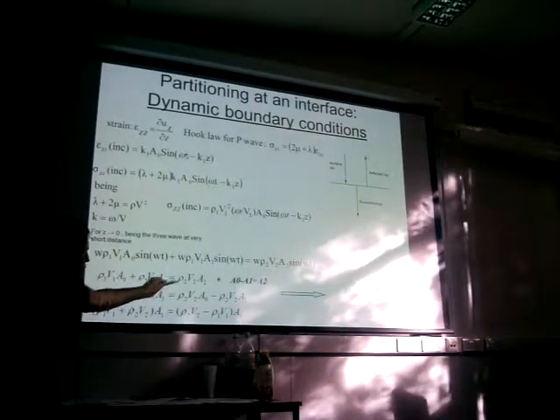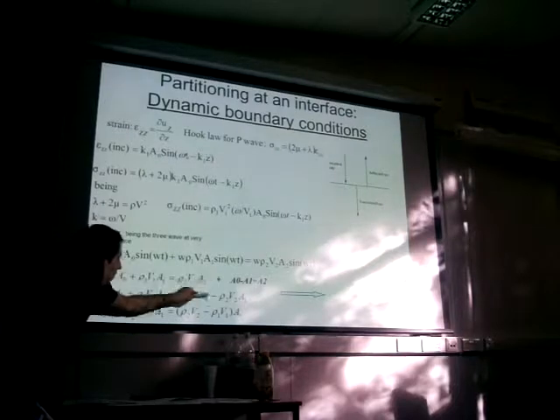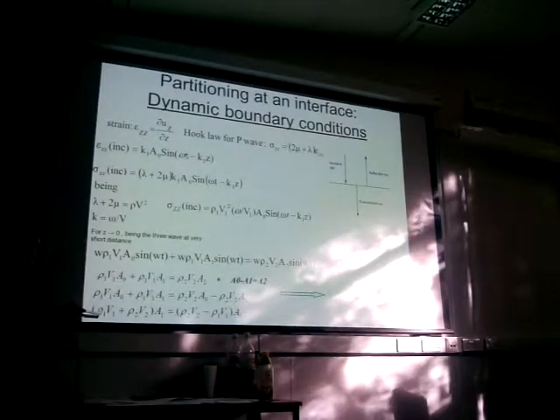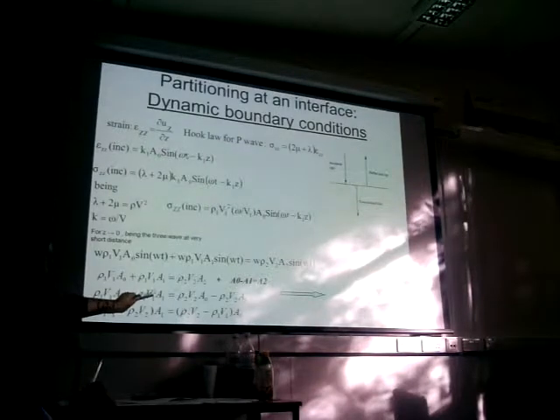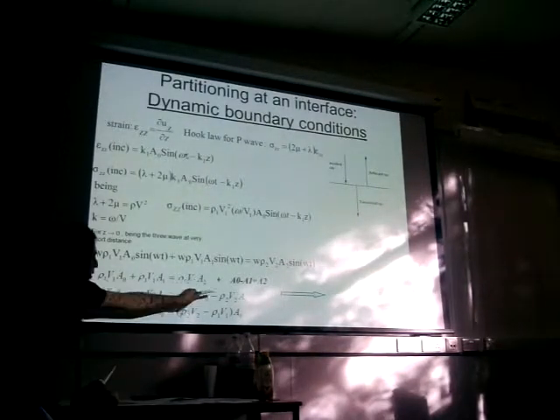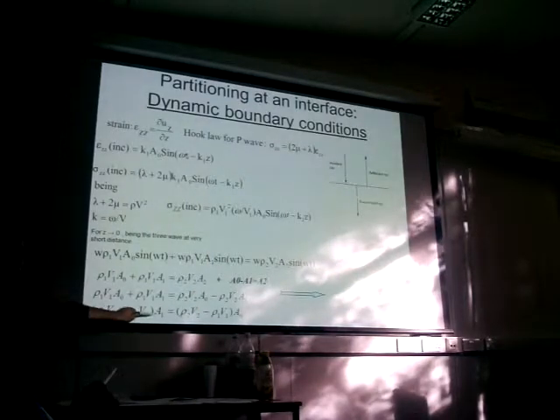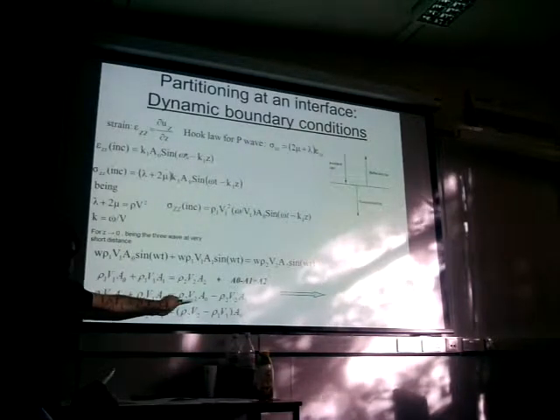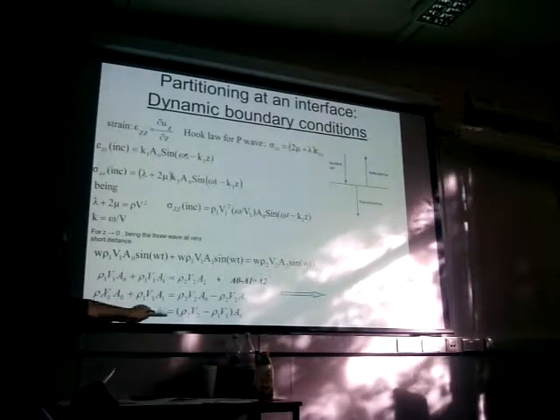And you get rho 2 v2 A0 minus rho 2 v2 A1. Now you put A1 in common, so you get rho 1 v1 plus rho 2 v2 multiplied by A1, and rho 2 v2 minus rho 1 v1 multiplied by A0. That part goes there with a minus.